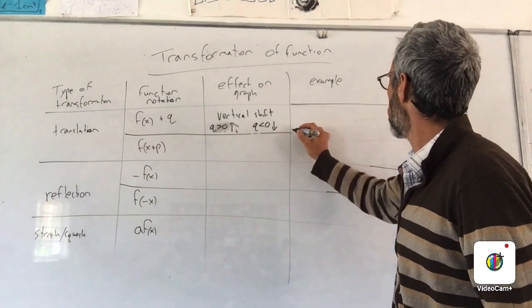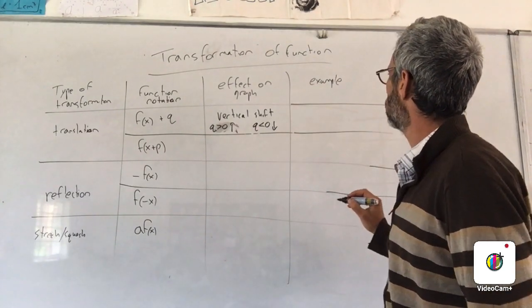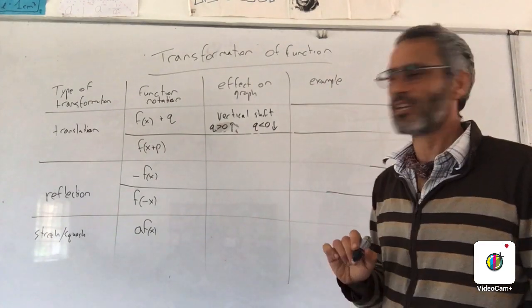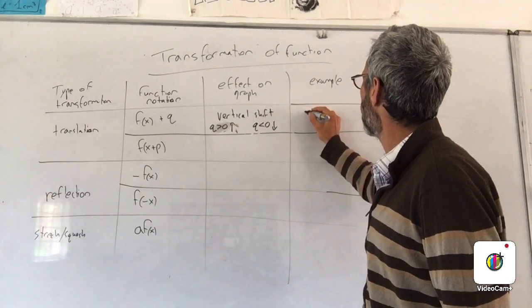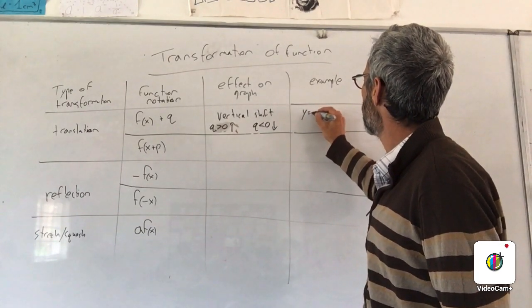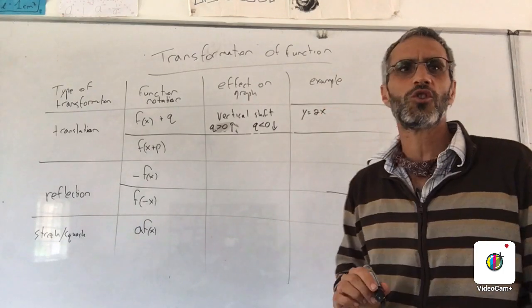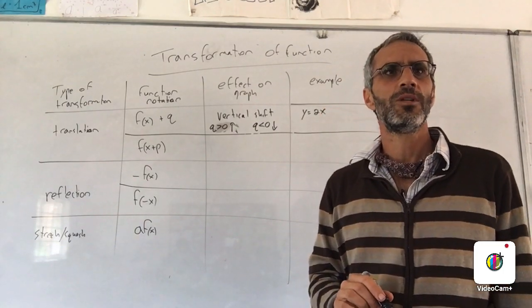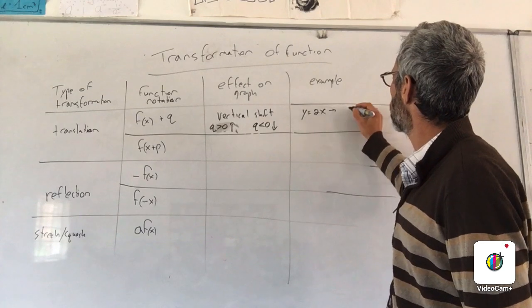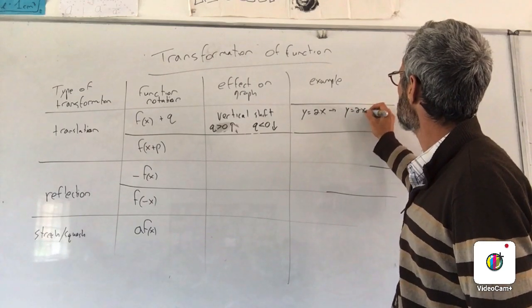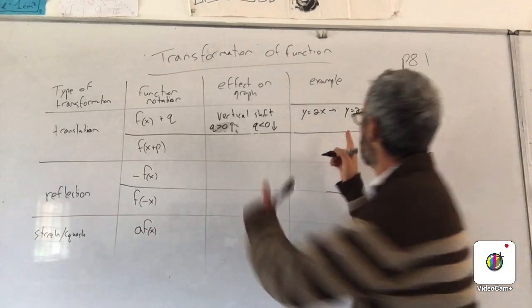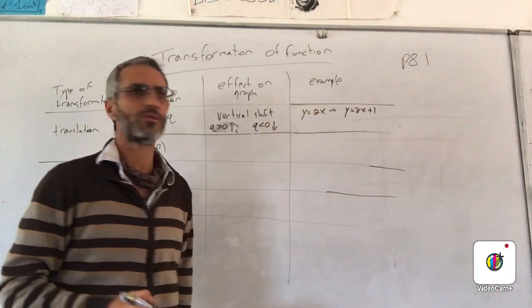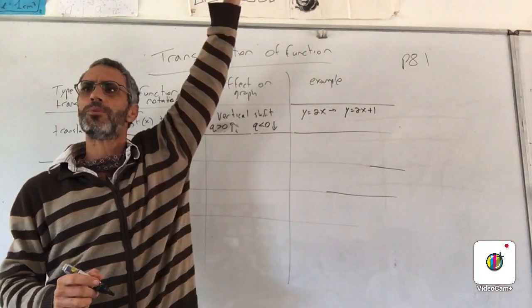For example, let's say we have y equals 2x. That's just a straight linear graph. If I move to y equals 2x plus 1, how can you describe it? What happens to this graph? It goes up.